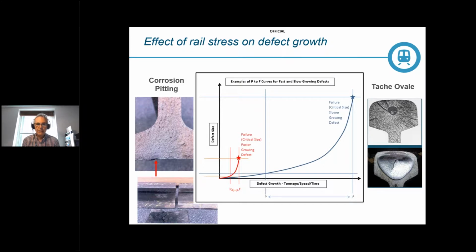The problem with the other type of defects, things like the corrosion pit defect, is they grow quickly. As you can see, the P to F interval shown on the chart is much shorter, and also the critical defect size is much smaller. So that's one of the reasons why these defects are more likely to run to failure before we actually detect them.